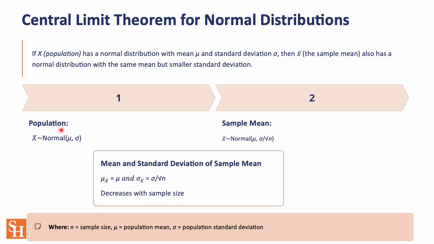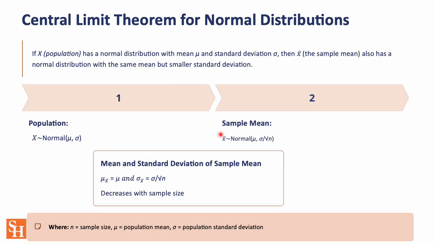Here we have the original distribution of x, a normal distribution with mean mu and standard deviation sigma. So x follows a normal distribution with mean mu and standard deviation sigma.